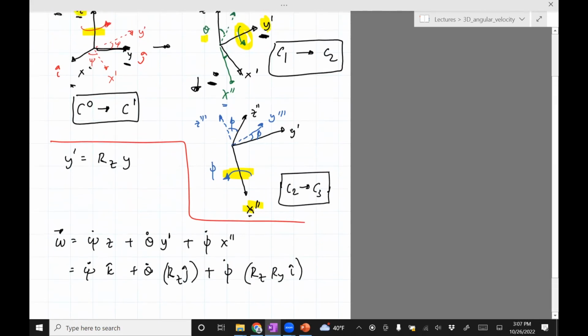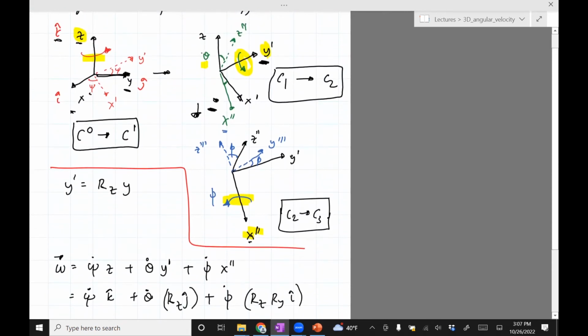And the reason I did Rz and Ry is because in order to go from here, I first need to go to this one. So I first pre-multiply with Ry, and then I need to pre-multiply with Rz, so that the order is consistent. I go from this configuration to the middle one, and then the last one.